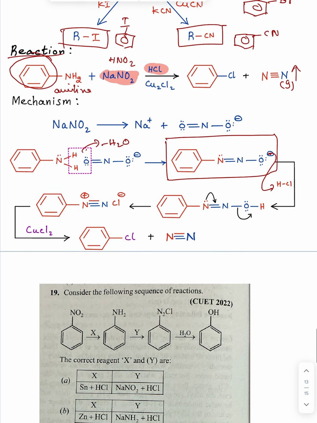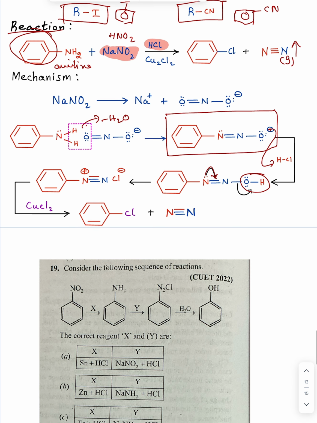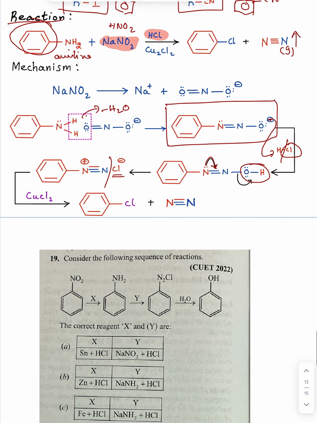Now I get this type of conjugated intermediate. The lone pair is shifted towards this nitrogen, and the OH group leaves as an eliminated one. Now you get a cation. That cation of N2 plus can coordinate with the Cl minus, so this anionic and cationic combination will be formed.